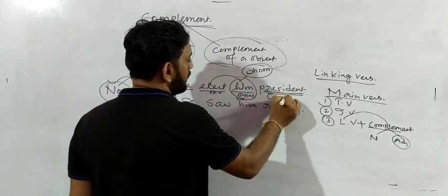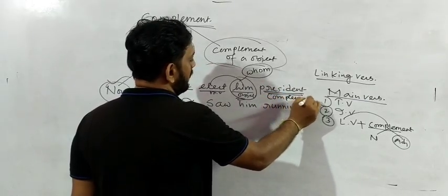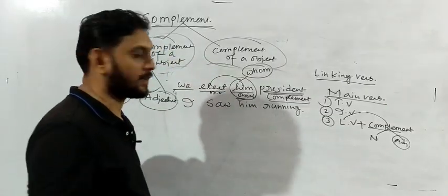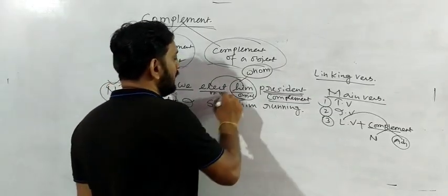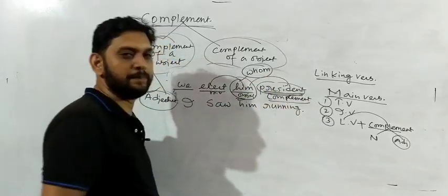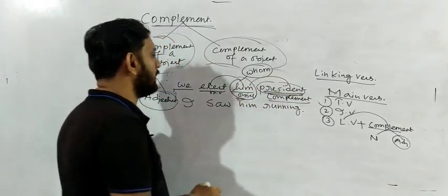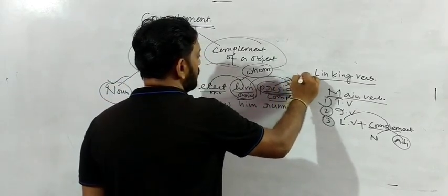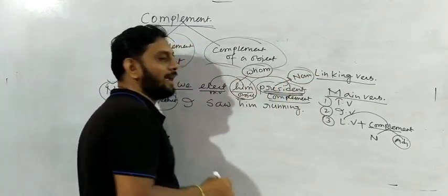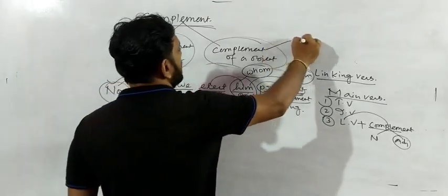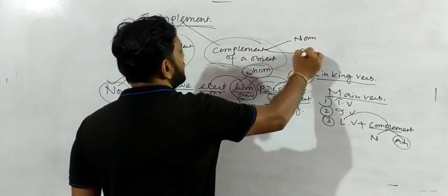Why is it called the complement? It is called the complement of an object, not of a subject. We elect him president. This is the complement of this object him. And if I want to talk about the part of speech of this word, it is a noun. Why is it called a noun? Already I told you, an object complement can also be a noun or an adjective.